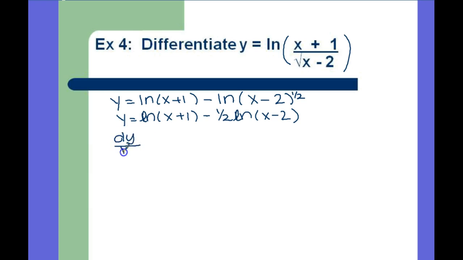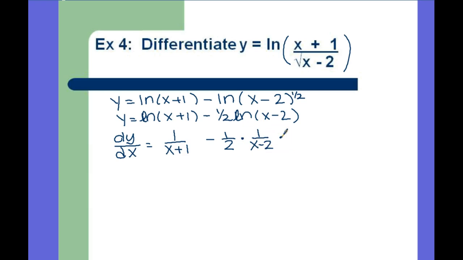What is the derivative of the natural log of x plus 1? It becomes 1 over x plus 1, and the derivative of x plus 1 is 1, minus 1/2 times the derivative of the natural log of x minus 2, which is 1 over x minus 2.